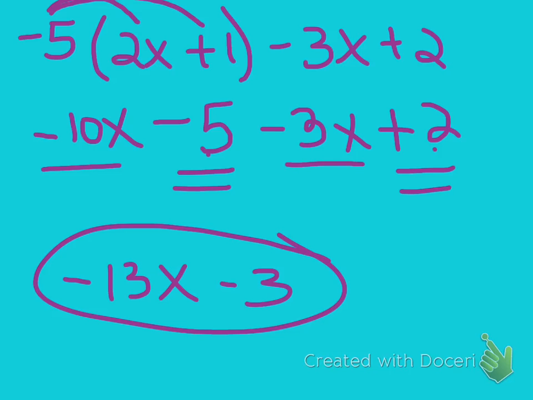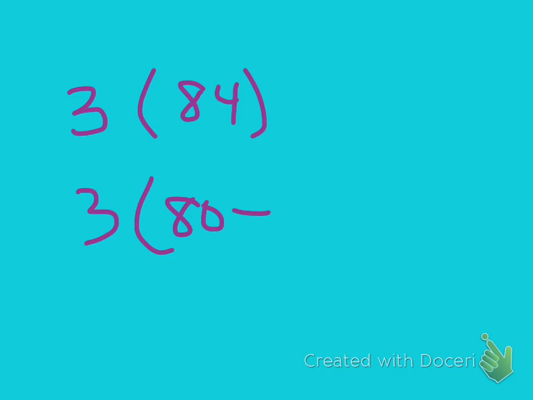You did this last year. I'm going to do it besides the big one, like 3 times 84. 84 is the same as 80 plus 4, so this is the same as 3 times 80 plus 3 times 4.